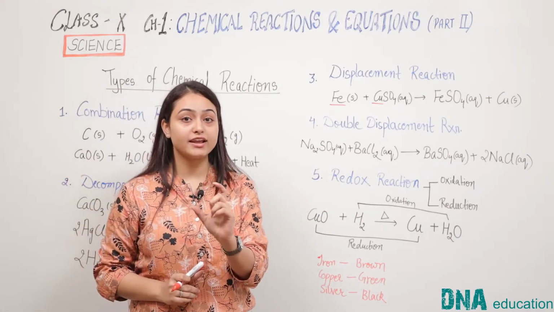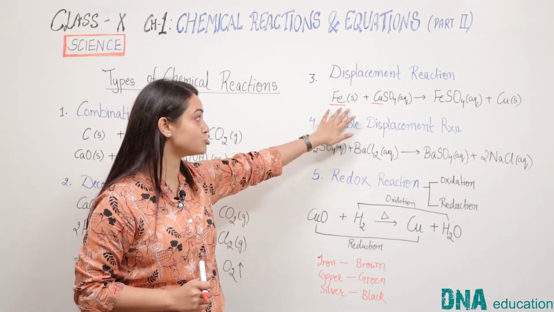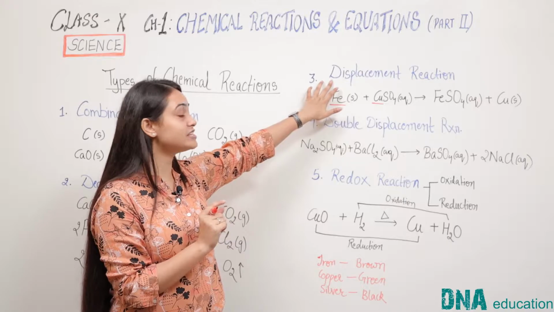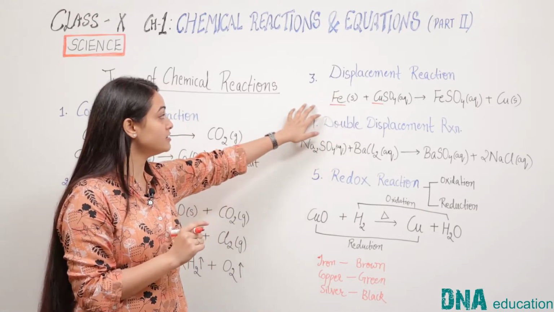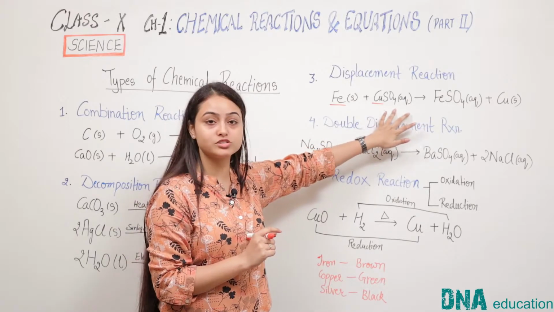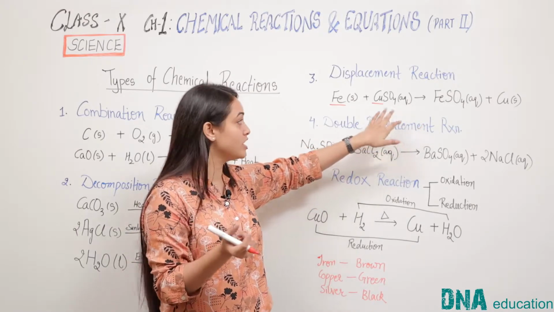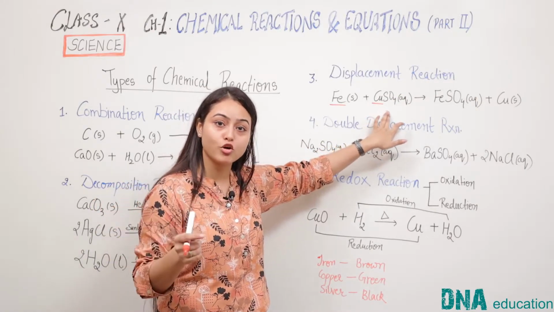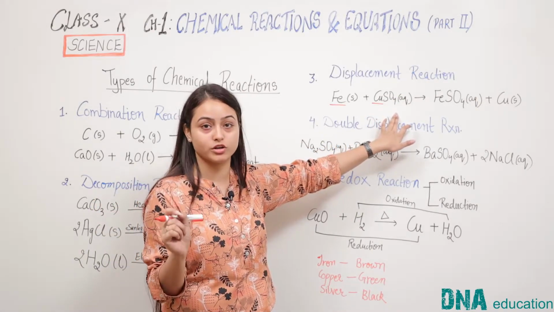We have to take the more reactive metal in solid form or in isolated form for a displacement reaction to occur. Here, the less reactive element should be present in the aqueous form, the salt solution. Copper sulfate is a salt and its solution in water becomes its salt solution in water.